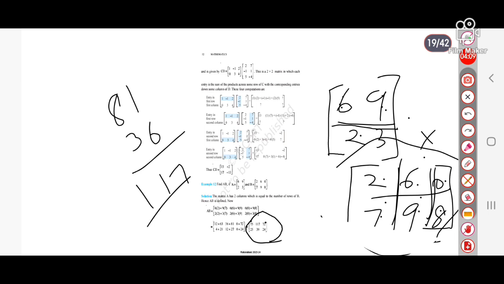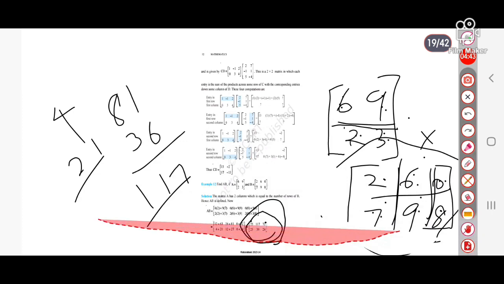Similarly for the next row, 2 cross 2 is 4, 7 cross 3 is 21, the resultant answer is 25. Similarly 6 2s are 12 plus 9 3s are 27, that gives you 39, and 0 2s are 0, so 3 cross 8 is 24. So the resultant answer is 75, 117, 72, 25, 39, 24.